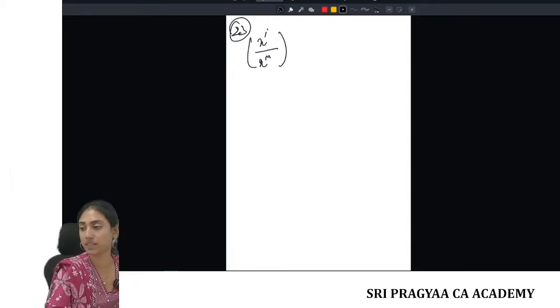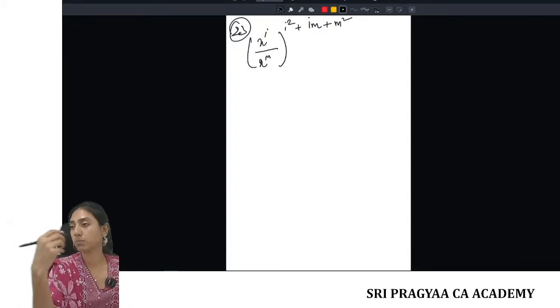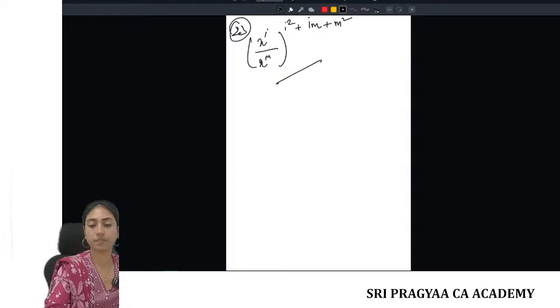I'm changing this to I because I tend to get confused. Let's go term by term. First term. How will you rewrite this?